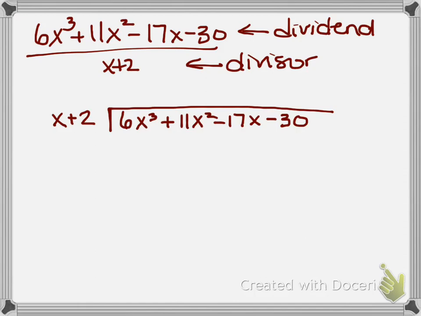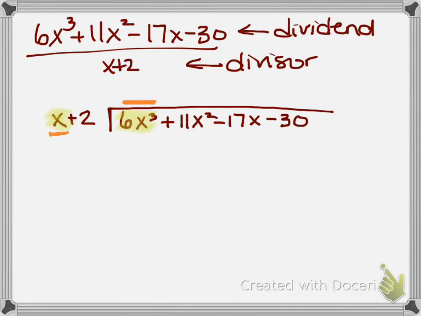We take the first term just like we did in long division: 6x to the 3rd, and we're really just focusing on the x out front. x times whatever I put up here should equal 6x to the 3rd.